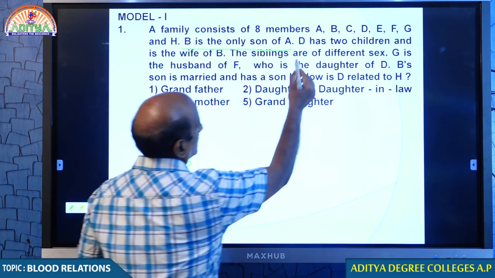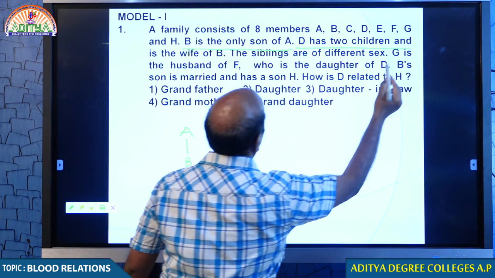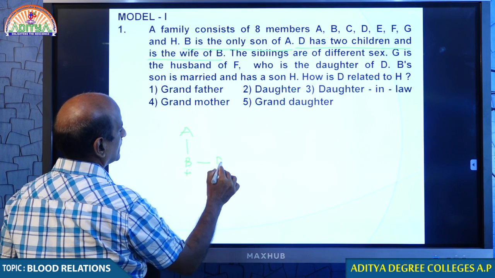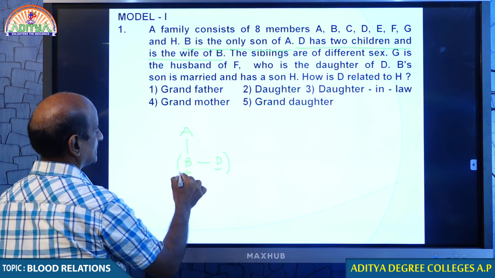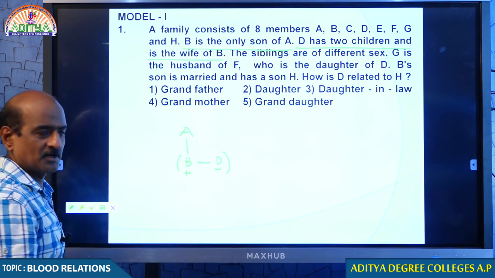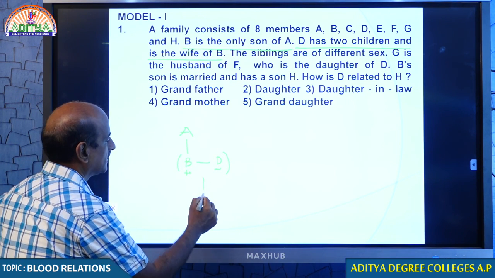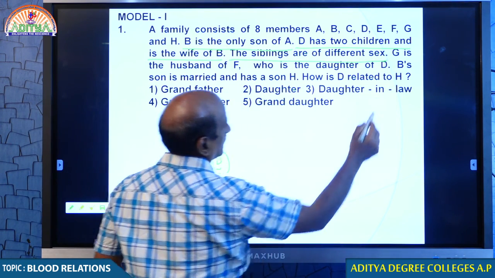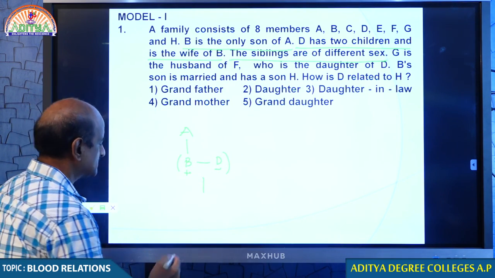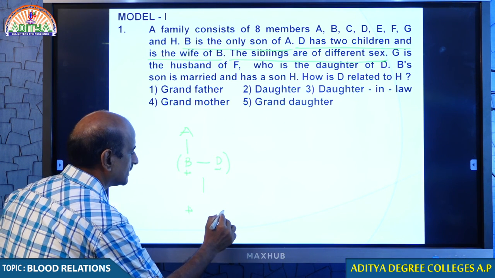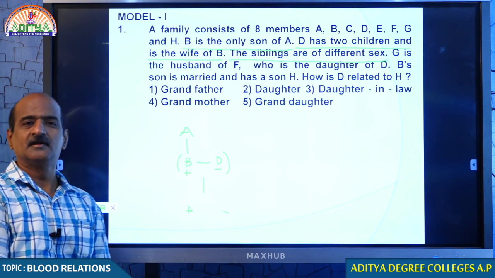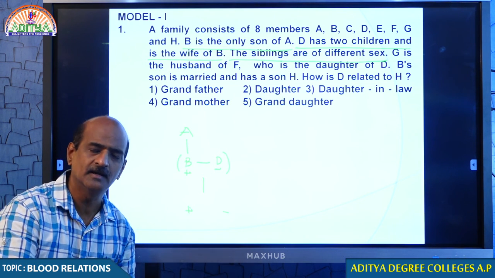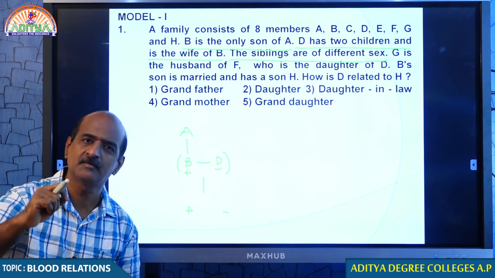D has 2 children and is wife of B. B and D are a couple. And the 2 children are of 2 genders, means one is male and another female.